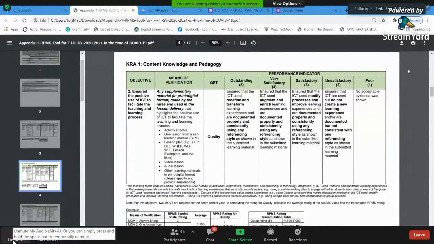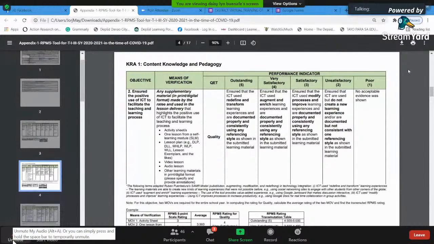Unya, kita man jud dito sa module nga nagamit jud ka og ICT, positive use of ICT, so the rating is 4. Add the 2, divide by 2, then you have 7 divided by 2 is 3.5, so that is your average. So your score for the rating in RPMS is very satisfactory, which is 4.